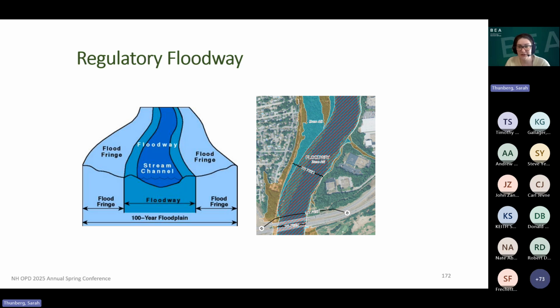And in New Hampshire, our designated height is none. There must be no increase in water surface elevation. So that's just a little overview of what floodways are in case you are not aware.